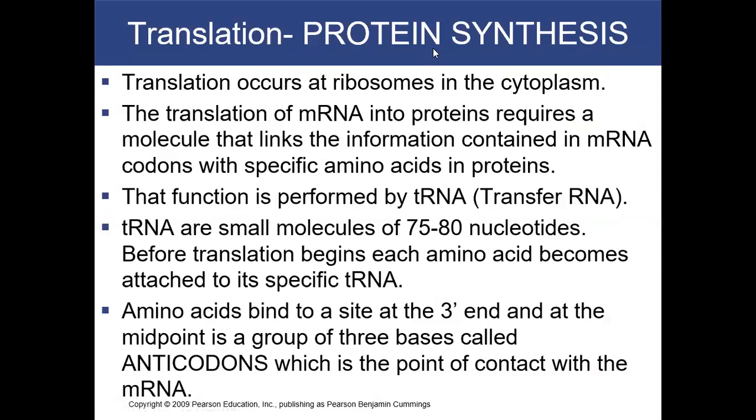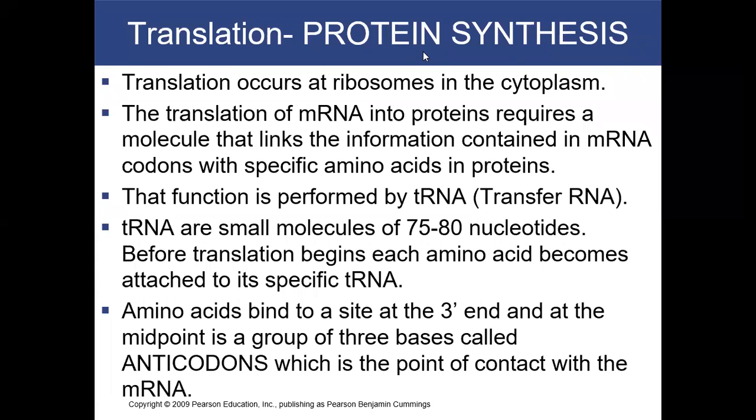All right, moving on to translation, which is also called protein synthesis. As you know, translation occurs at the ribosome in the cytosol, and it begins only when the mRNA transcript is made available. And as I would have said before, this process can be controlled by the cell.